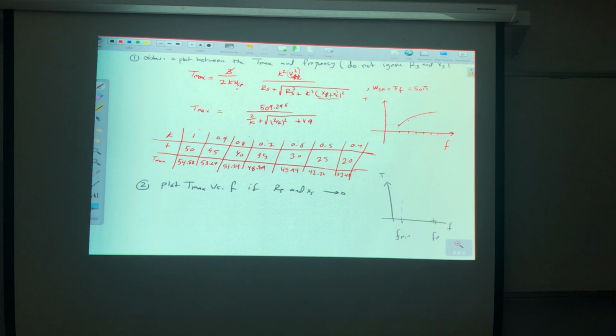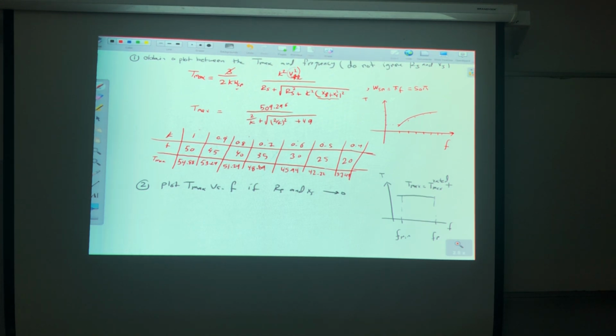It will be constant. T max will equal what? Constant. Yes, correct. From where? K under the square root.